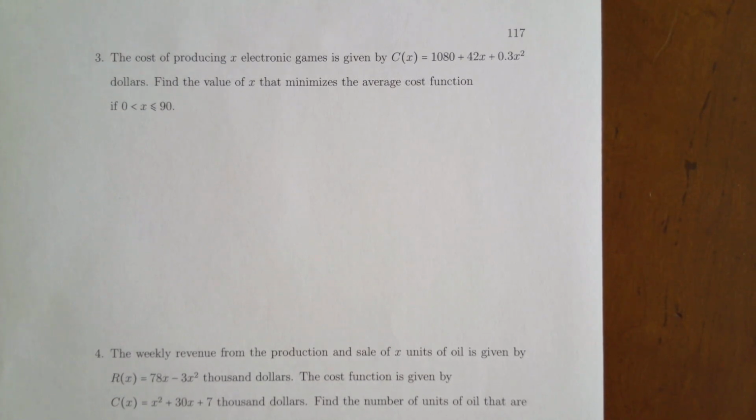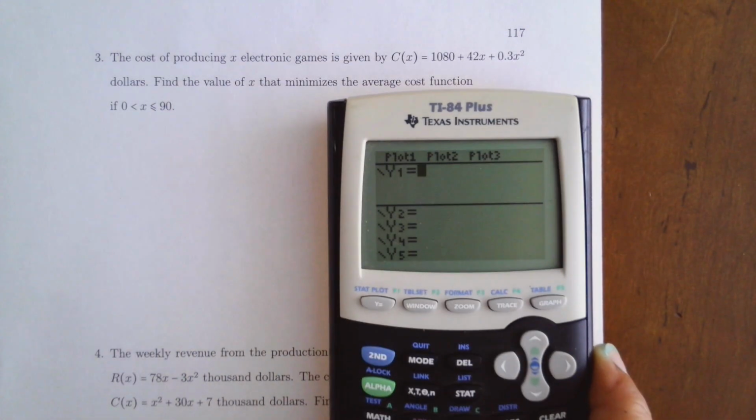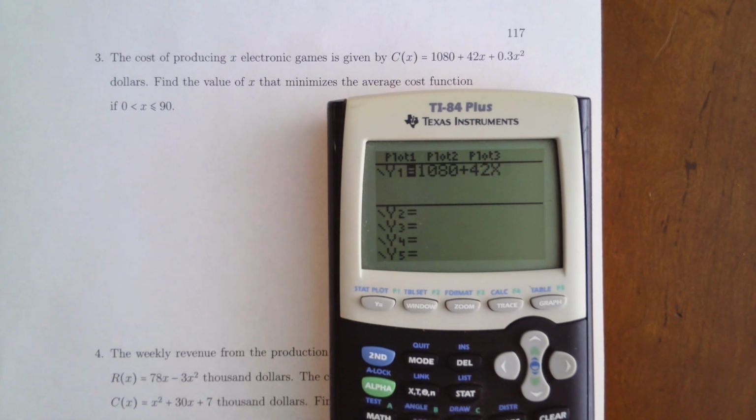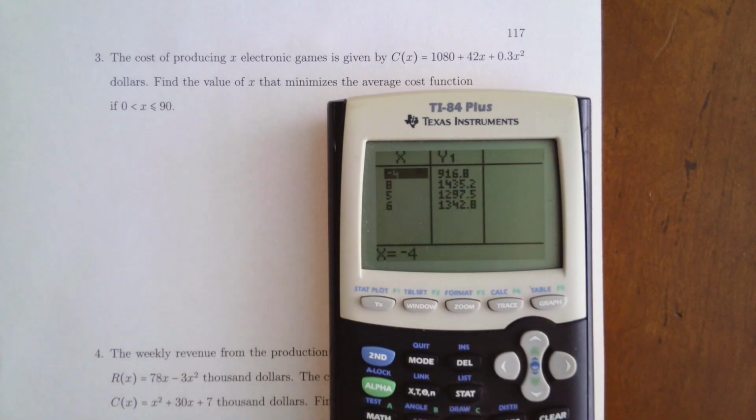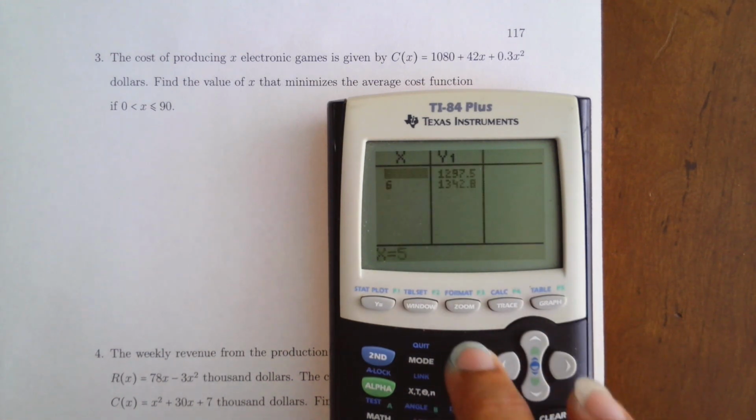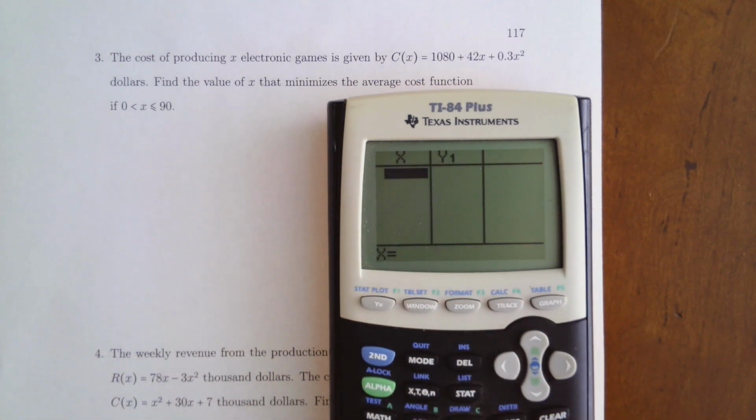So let me stick that into y equals. Okay? All right, and let's get our y values. So we're going to put in 0 and we're going to put in 90.